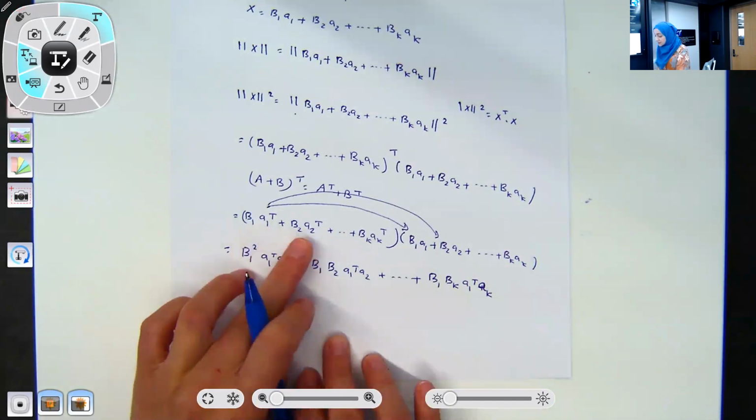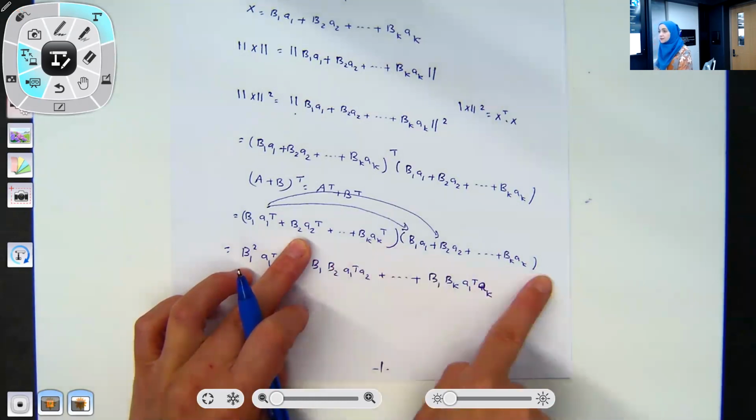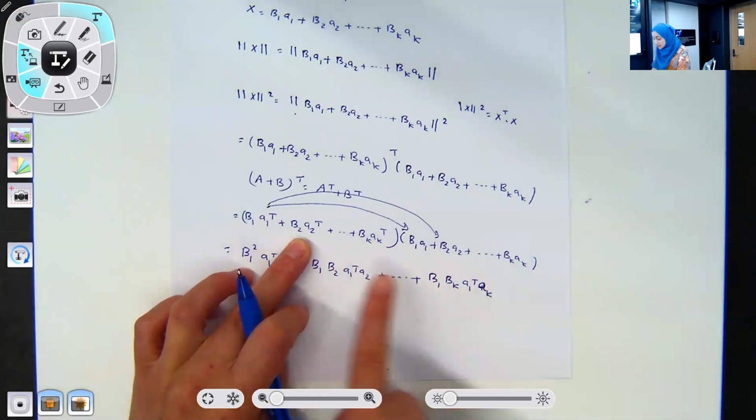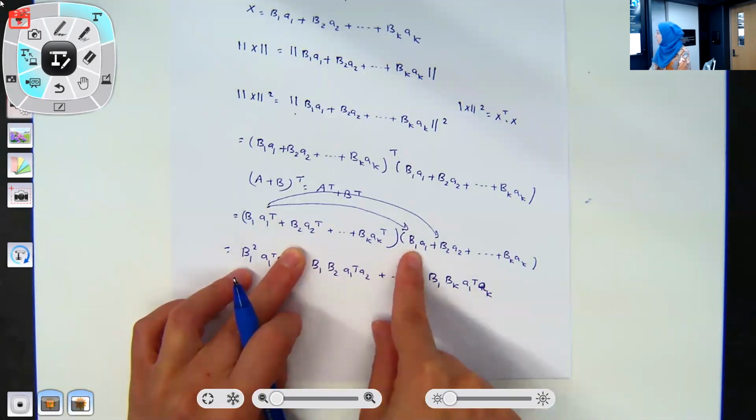Now we need to multiply B2 A2 transpose by the second bracket. So we need to multiply B2 A2 transpose by B1 A1.